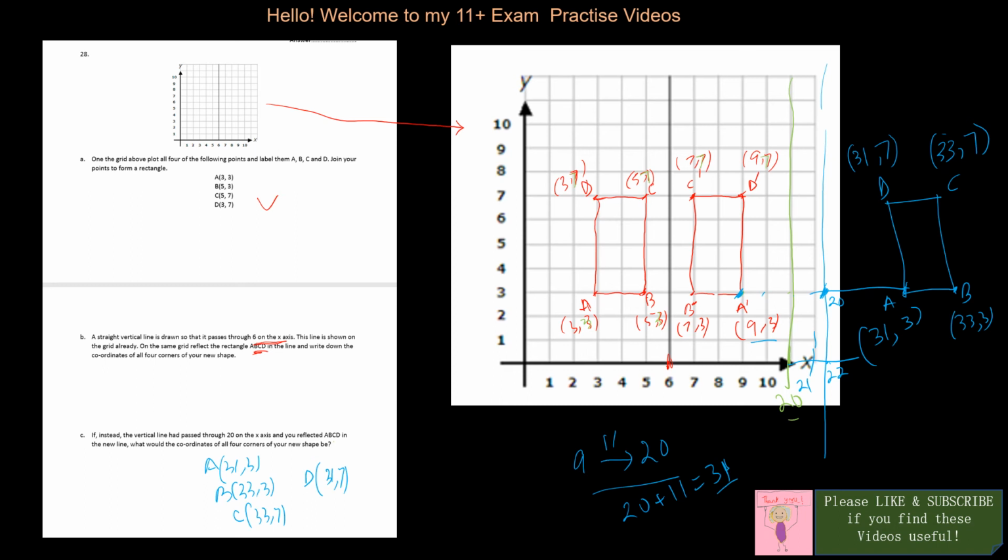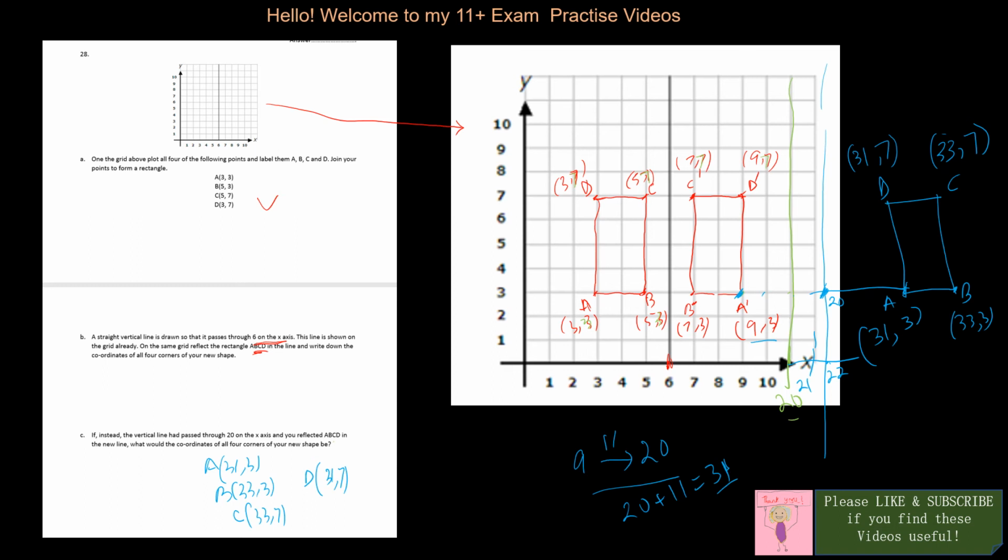because this bit is the one that's important, because the mirror line is passing through 20, which means it will be the same distance from the mirror. The object will look as if it's the same distance from the mirror, so it will look far away as well.